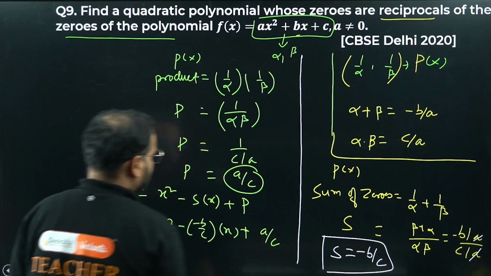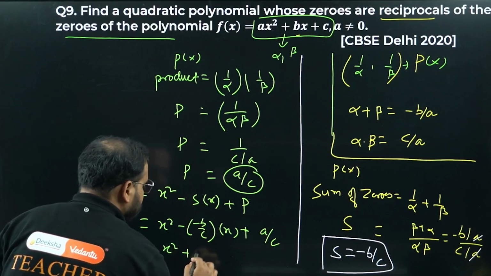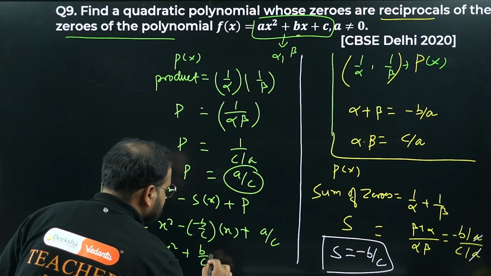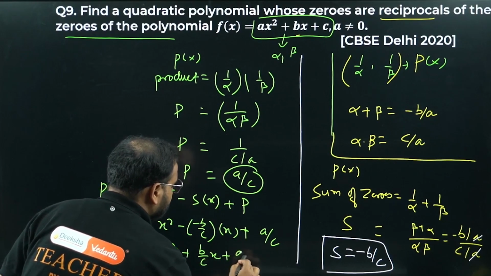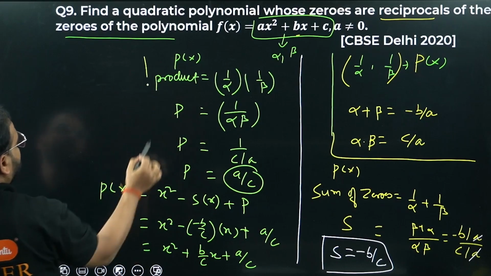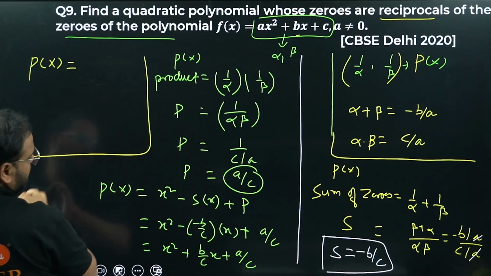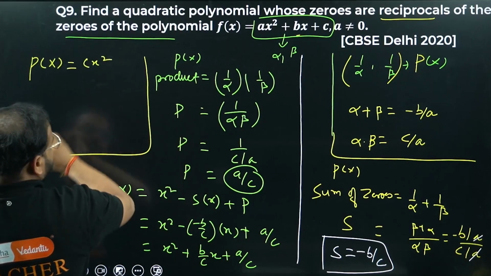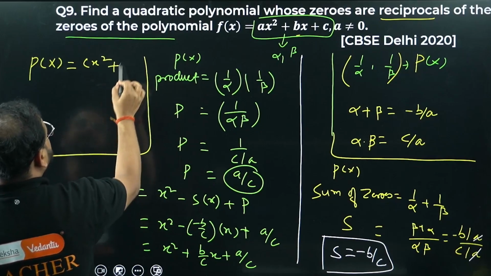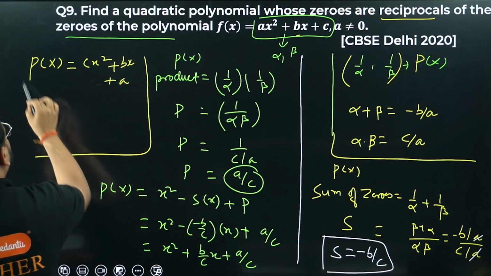That's my answer: x square plus b by c x plus a by c. I can write this in a simplified way as P of x equals c x square plus b x plus a.